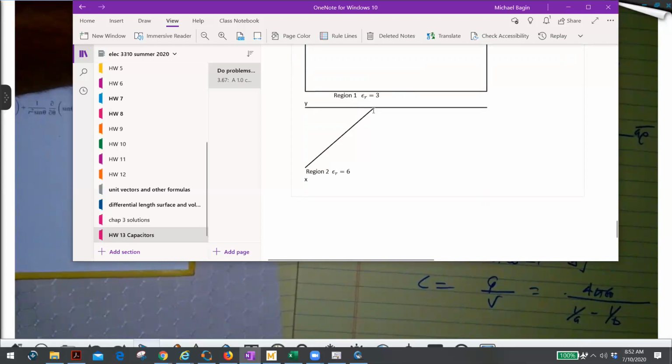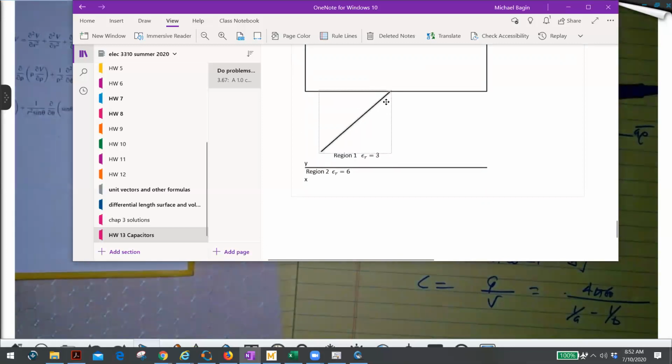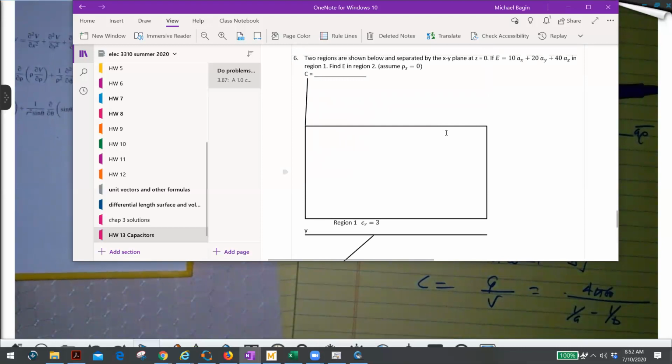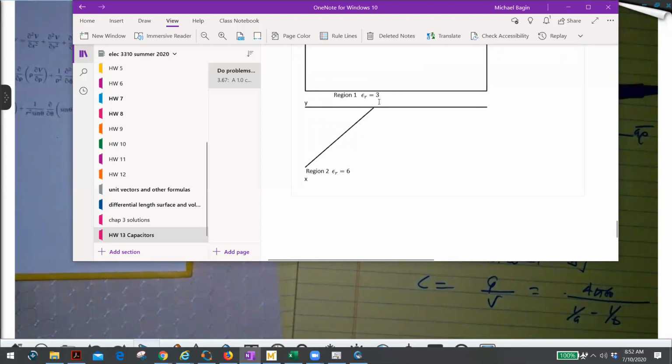They're separated by, see how this is supposed to be X right here. What I'm really trying to do is show that region 1 is for X less than 0. Region 2 is for X greater than 0. Do you all follow me?